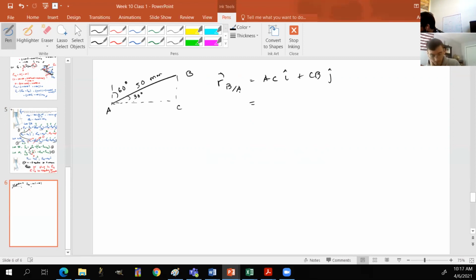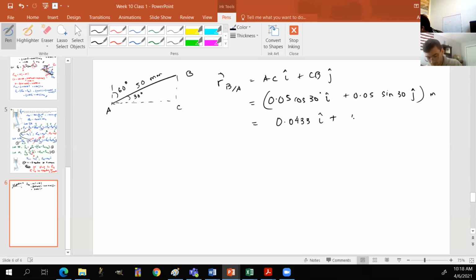Right, so AC is going to be 0.05 times cosine 30 I hat plus 0.05 times sine 30 J hat. Got 0.0433 I hat plus 0.025 J hat. I think this is right. You guys can double check.